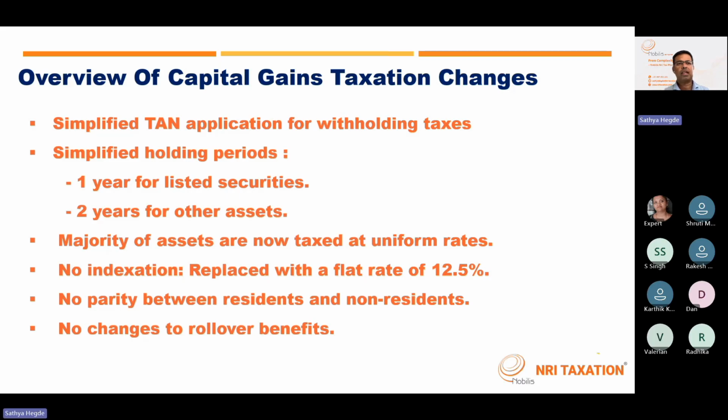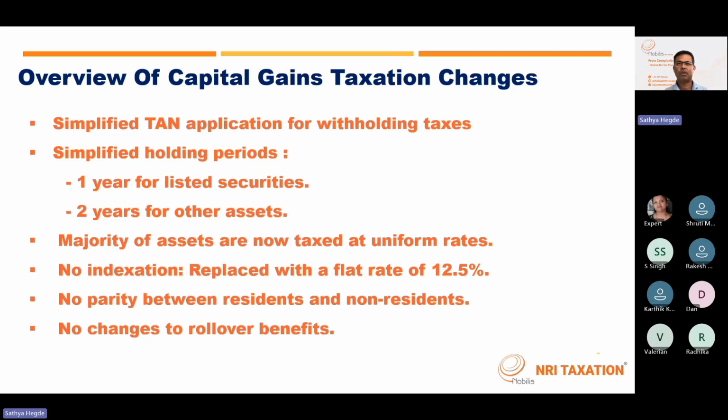There is no parity between residents and non-residents. Why do I say that? If a resident Indian sells a property to another resident Indian, then there's a withholding of 1%. But when a non-resident like us sells a property in India to a resident, the withholding tax is 12.5%.